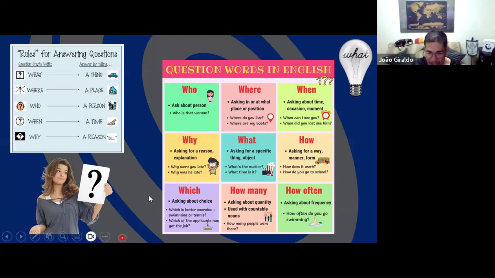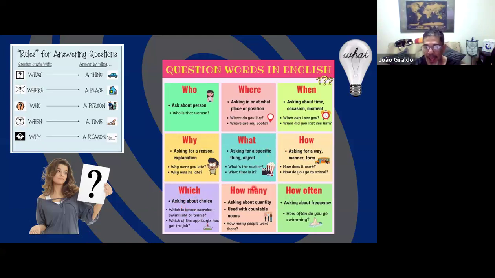Okay? Here, we have some others. Like which, when we are asking about choice, when you give options. Which car do you prefer, Lamborghini or Ferrari? Which food do you prefer, pizza or hamburger? So when I give the options, we question which.